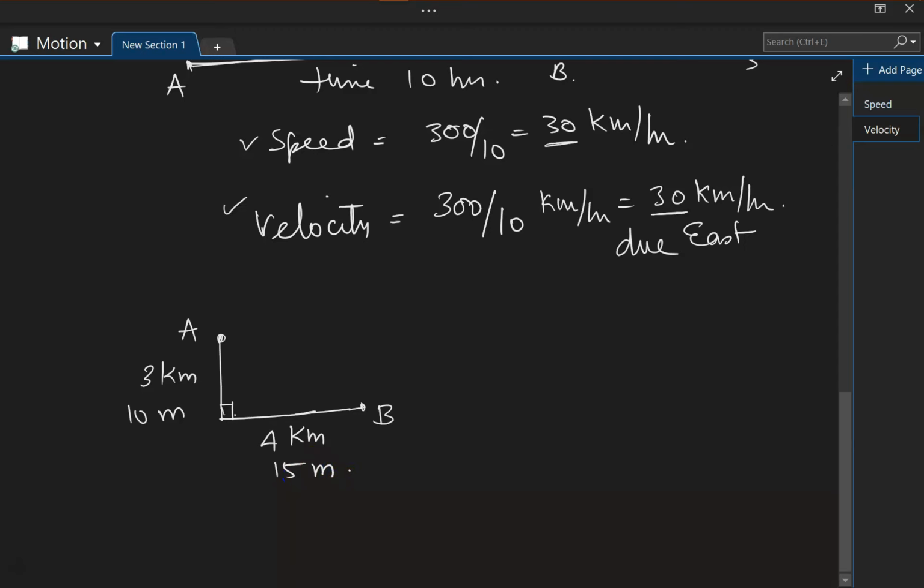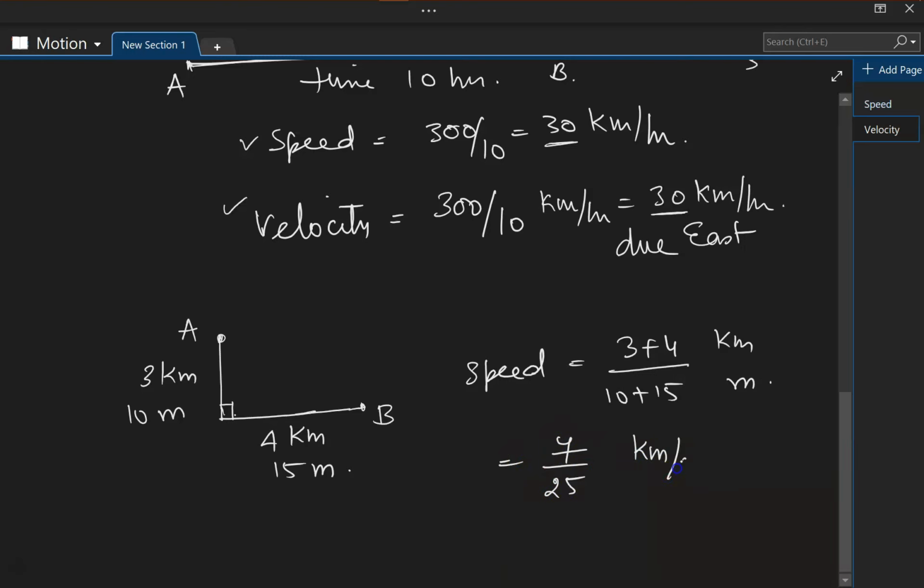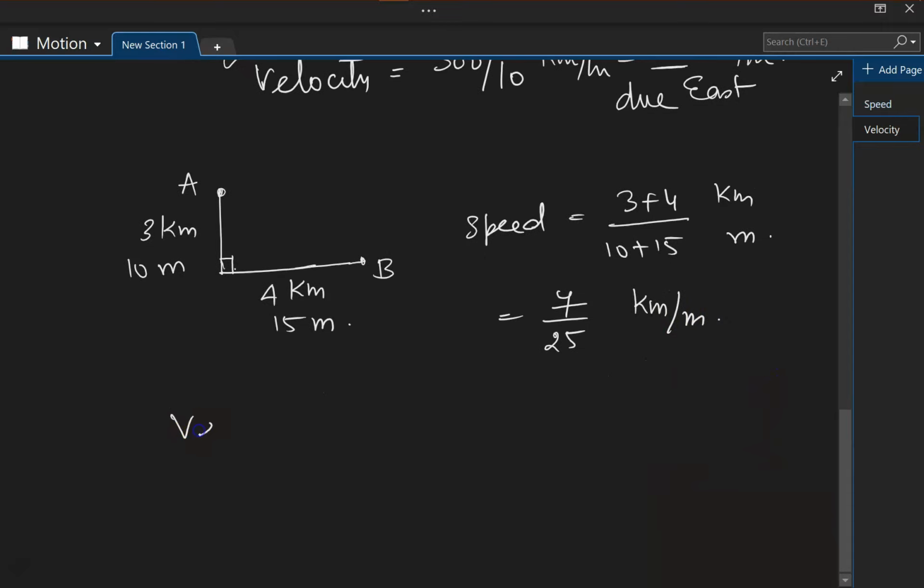Now what is the speed going to be? Speed is going to be, remember, total distance. So 3 plus 4 kilometers divided by time. So 10 plus 15 minutes. So 7 by 25 kilometers per minute. That's your average speed. Now velocity.